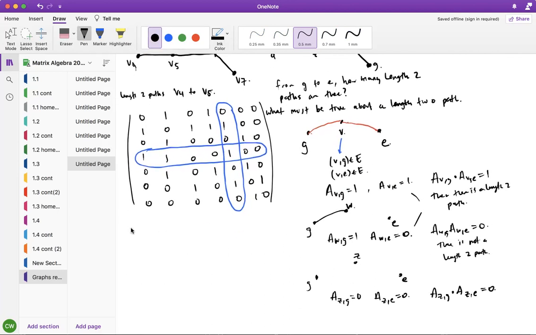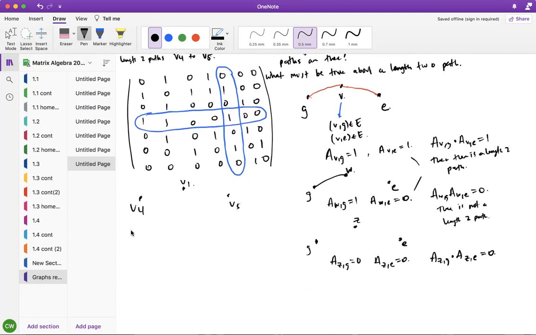Okay, so now I'm going to look at vertex 1. Here's V4, here's V5, and here's V1. So I want to look at A 4,1 times A 5,1, and I'm going to say this as 1,5, for reasons you might see.